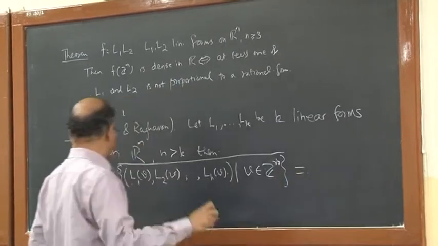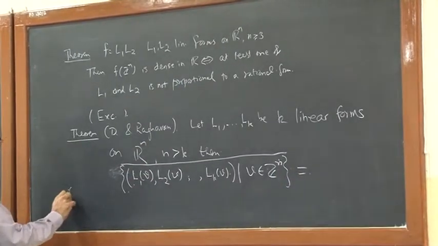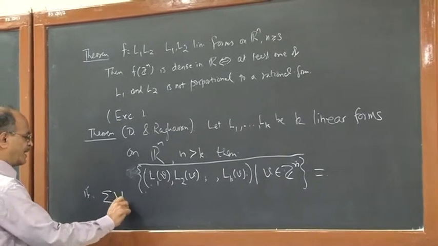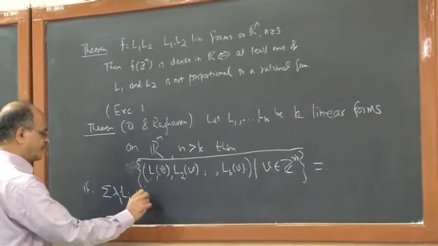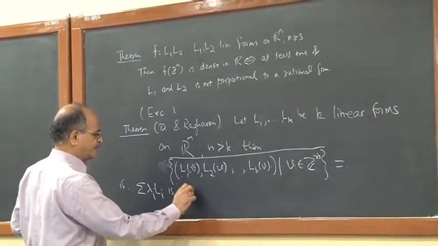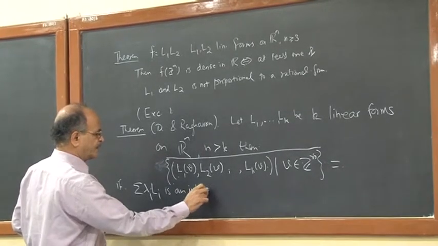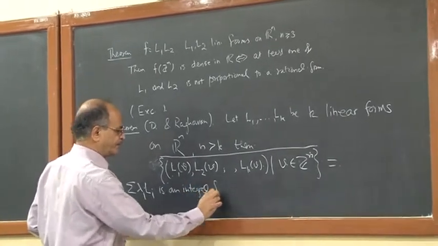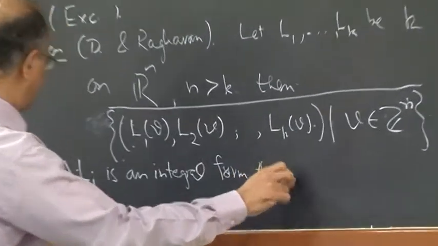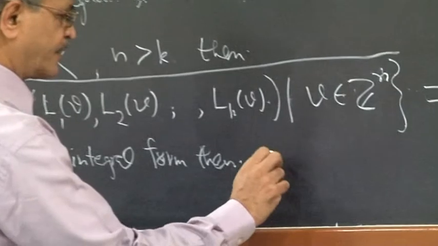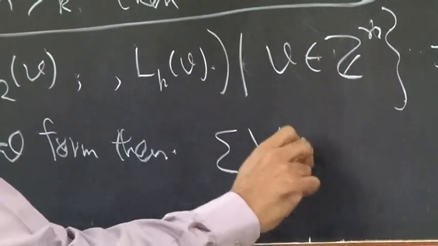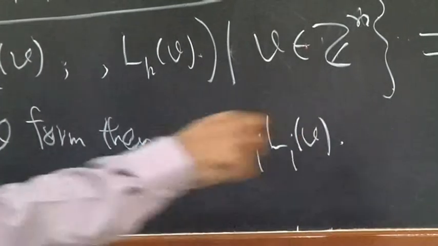One can precisely describe the closure. Before I write what it is, notice that if sigma lambda_i L_i is a rational or an integral linear form, then sigma lambda_i L_i(v) is going to be an integer.